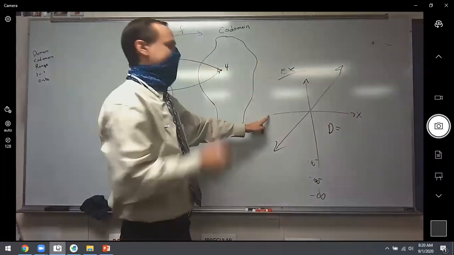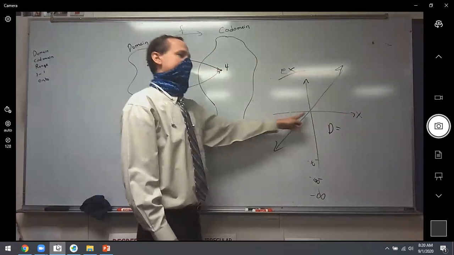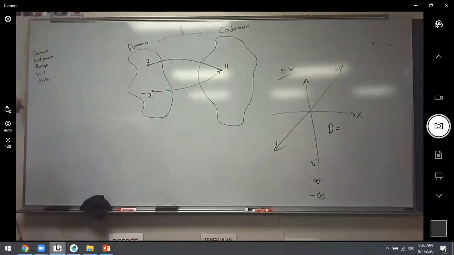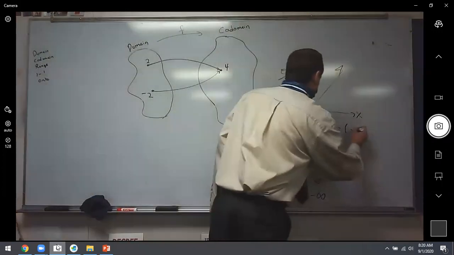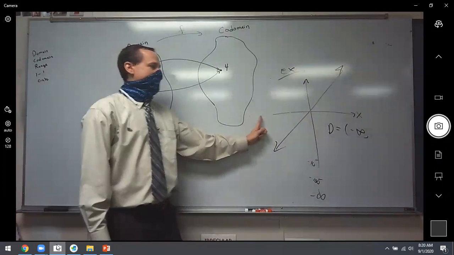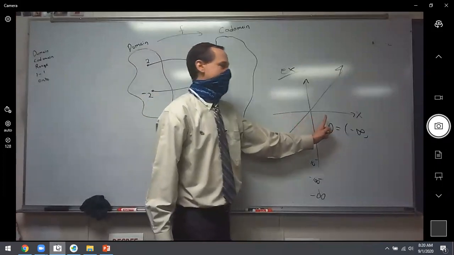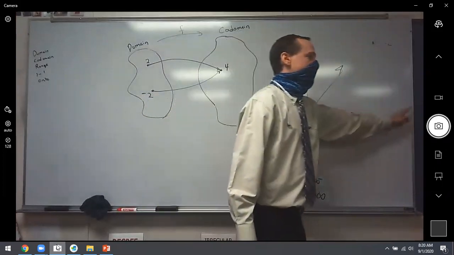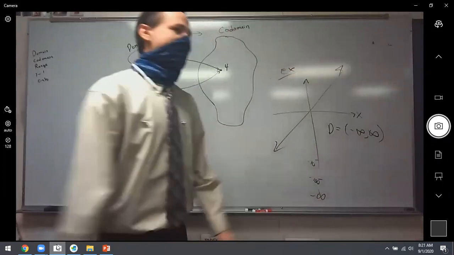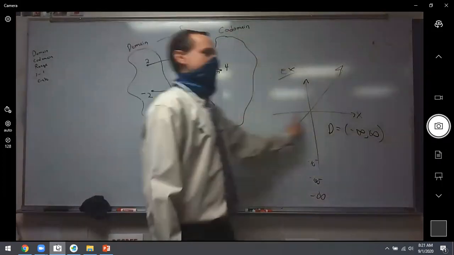So starting over here, how far to the left can you go? These are negative numbers, right? How far negative can you go? Negative infinity. So I can start way over here at negative infinity, and all the numbers are cool. I can plug them all in until where? Till positive infinity.